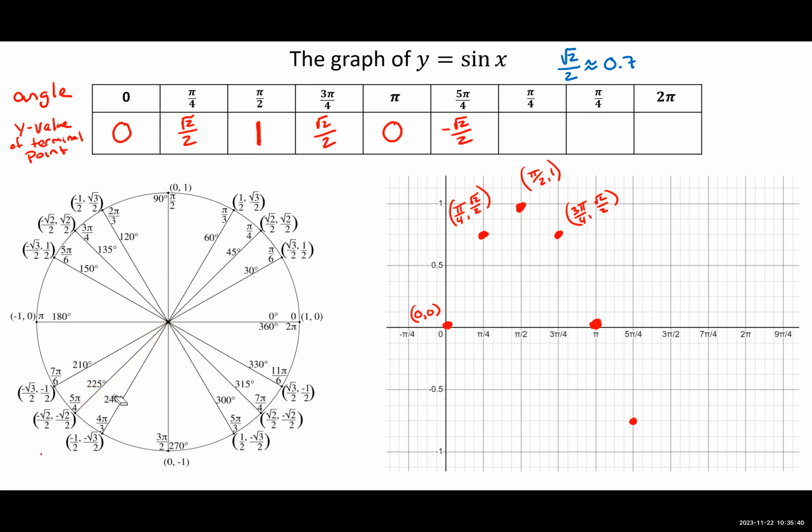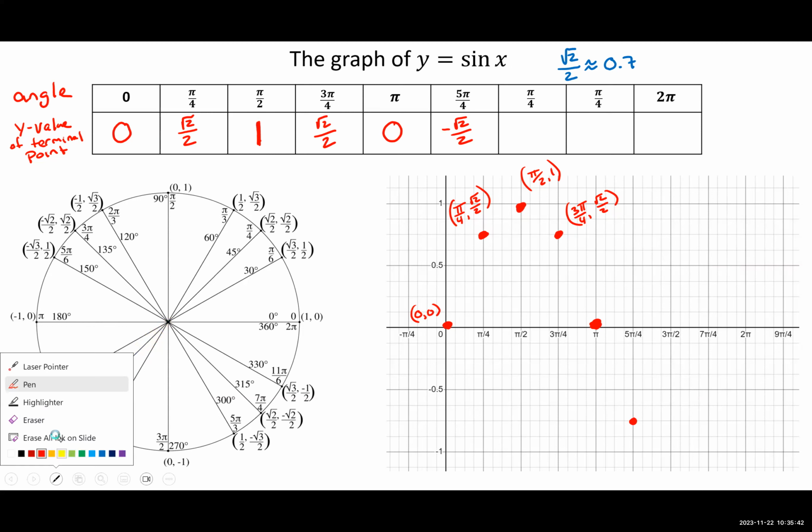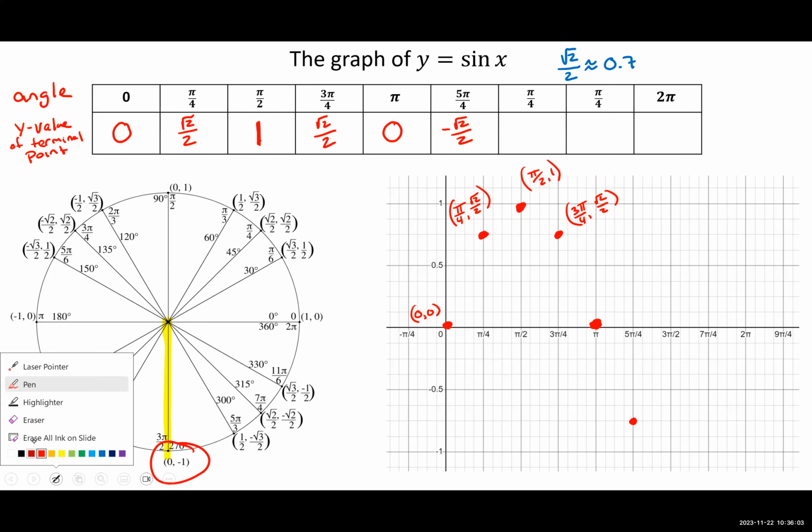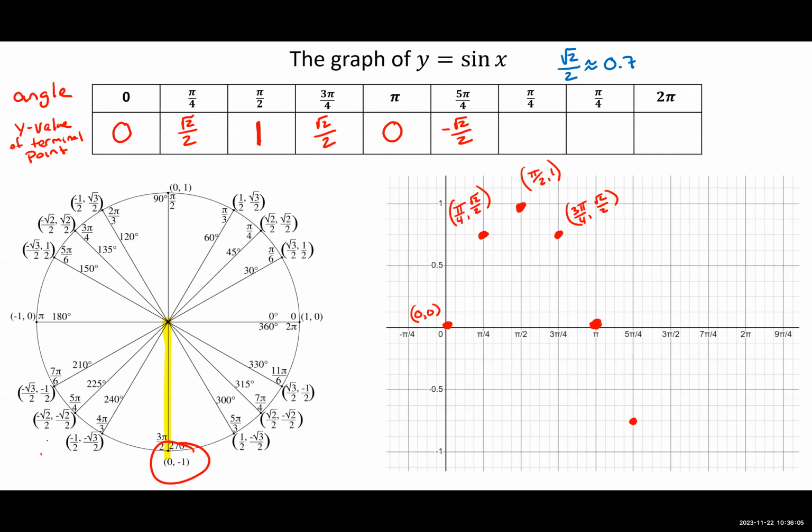All right. Next angle. When the angle is 3 pi over 2, we've got a terminal point of 0, -1. So, hang on. Got to make a couple of changes up here.